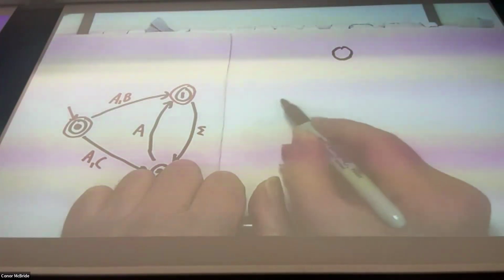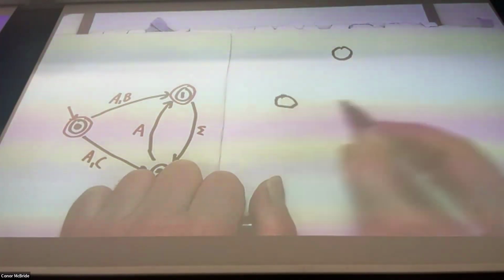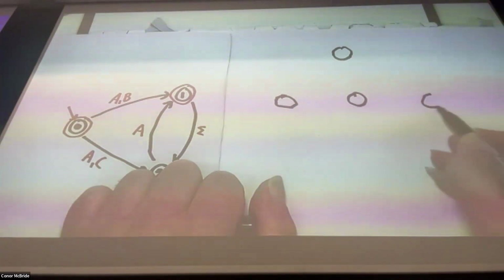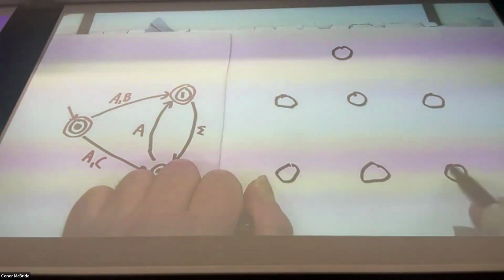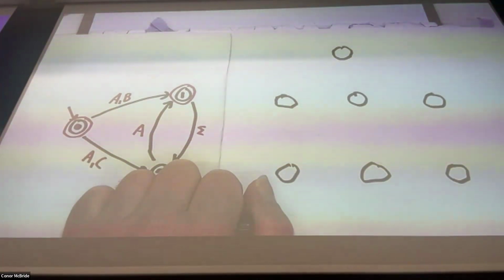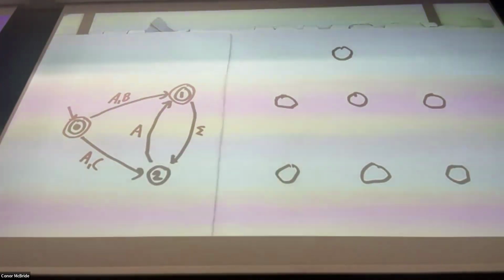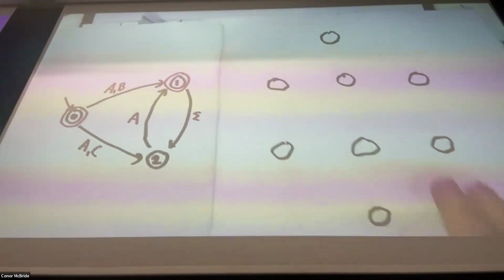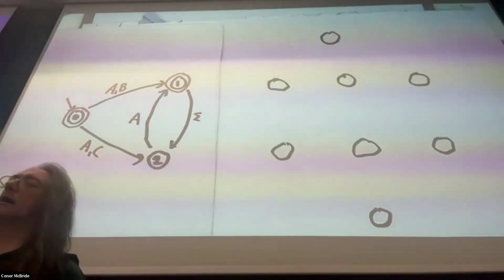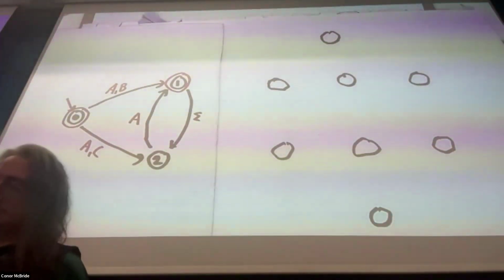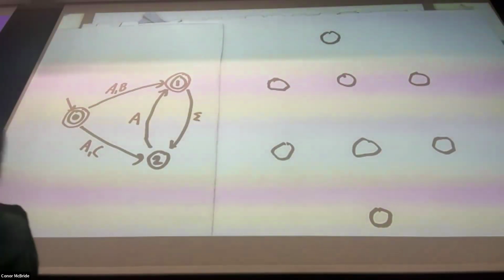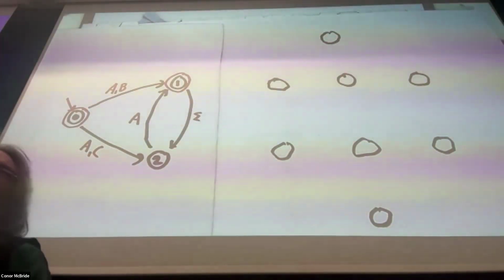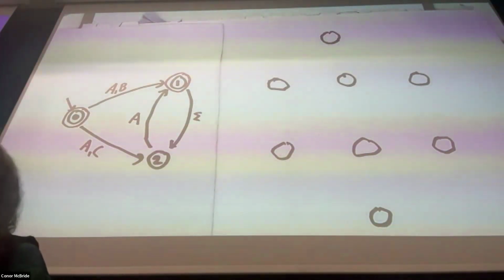I'm going to write them up, like this. And I'm going to number them in a slightly more lavender shade.